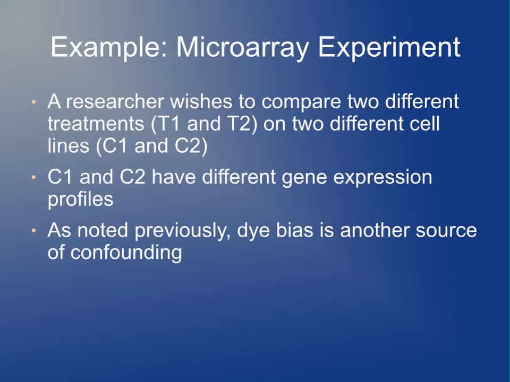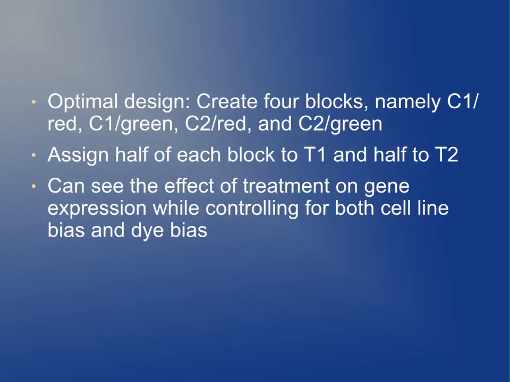We already know that C1 and C2 have different gene expression profiles, and as I described in the earlier lecture, dye bias is another potential source of confounding. Sometimes samples labeled with a red dye or with a green dye will be expressed at higher levels simply due to mechanical variation. The best design here is that you create four blocks.